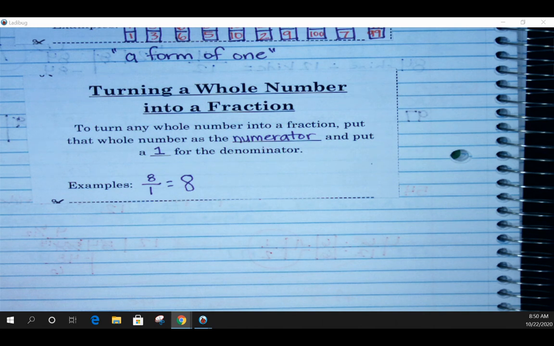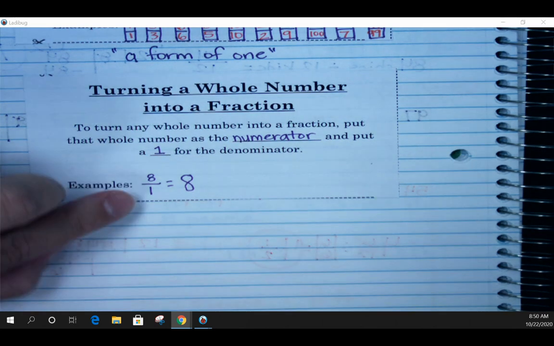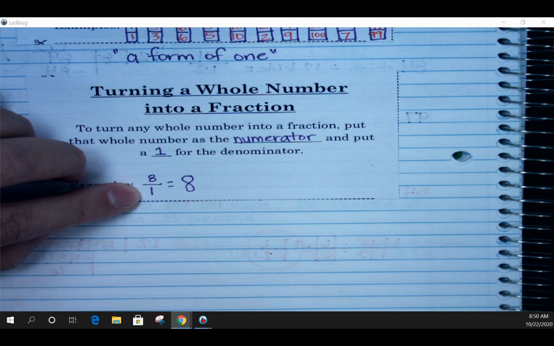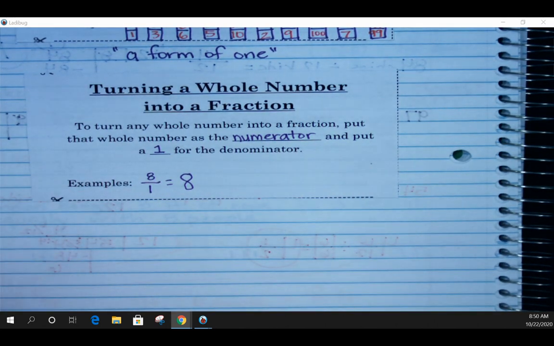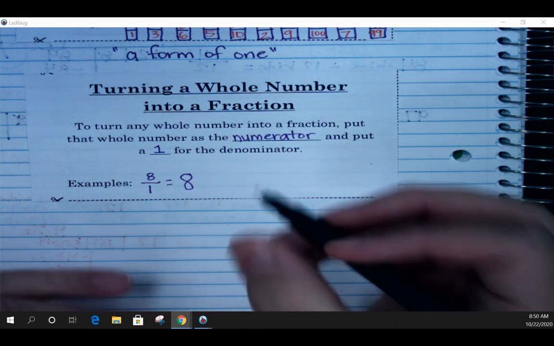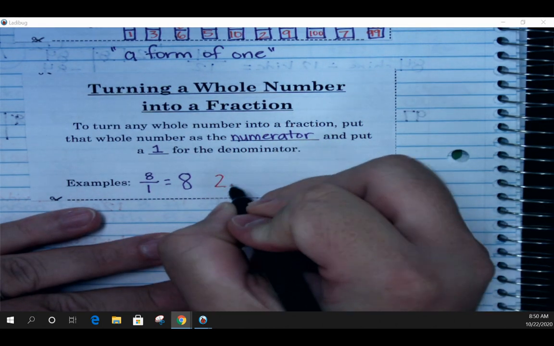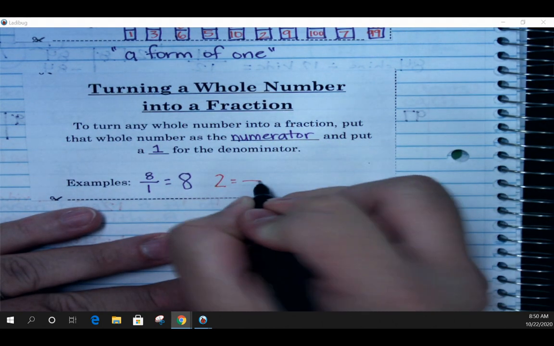There will be times when you have to turn a whole number into a fraction. To be able to do that, you put the whole number as the numerator and then put divided by 1, or 8 over 1. Let's look at another example. What if I want to make 2 be a fraction?